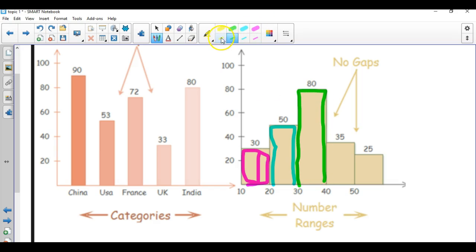And you keep going. There's 35 people between the ages of 40 and 49. And then finally, there's 25 people between the ages of 50, and we'll assume that label there is 60. There are 25 people between the ages of 50 and 59, because 60 would go in the next bar or bin. So the bin width there is 10.